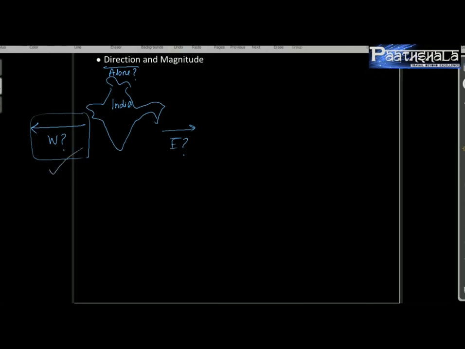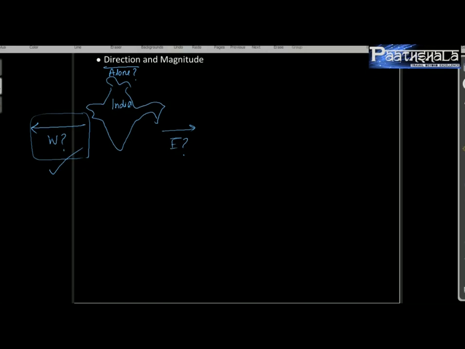But we have really not specified how far USA is. For us to tell them how far USA is, not only will we have to point in the direction of USA, but we'll also have to tell them the exact magnitude in miles or kilometers of the distance between India and USA.